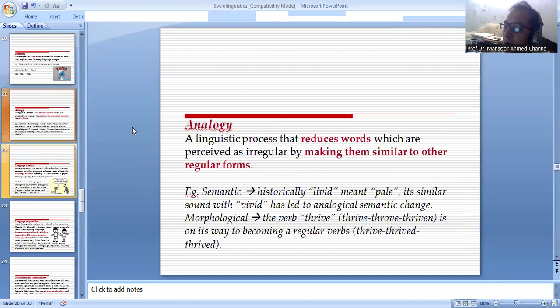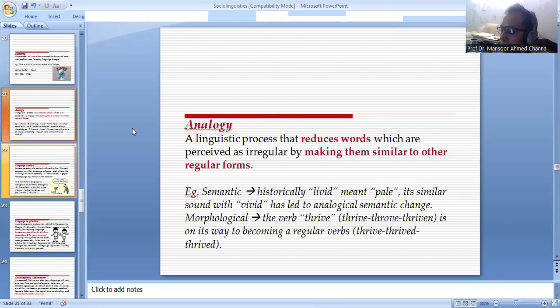Second is analogy, a linguistic process that reduces words which are perceived as irregular by making them similar to other regular forms. For example, semantic: historically vivid meant bright, similar sound with vivid has led to analogical semantic change.